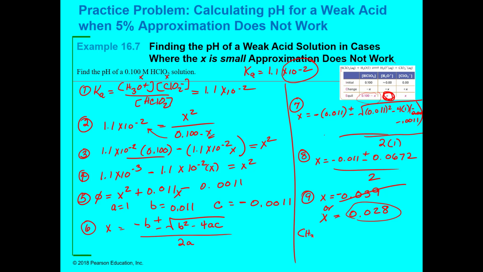So H3O plus equals 0.028 molar, and then I take the negative log of the hydronium ion concentration, and that's going to give me 1.55, okay, and that's the pH, because that's what it was asking me for.